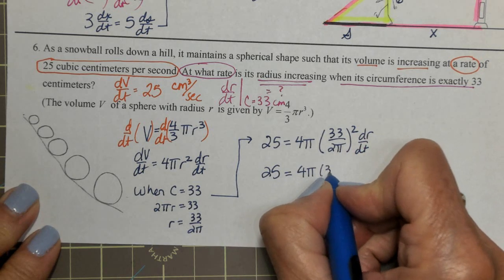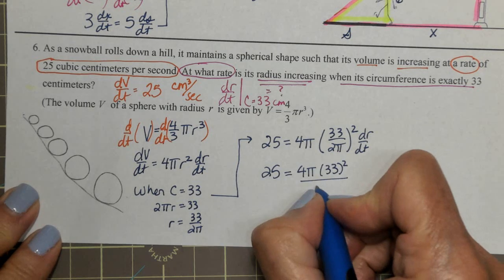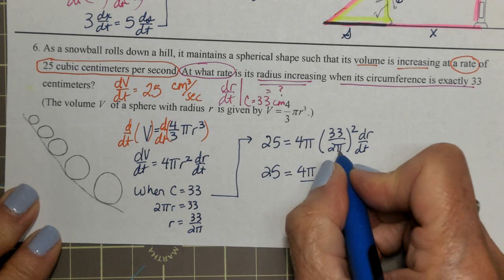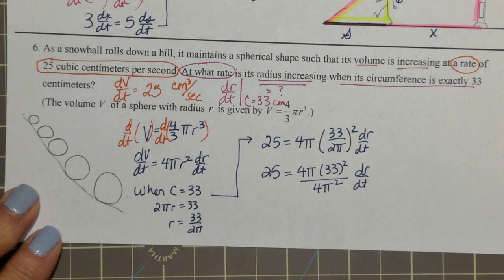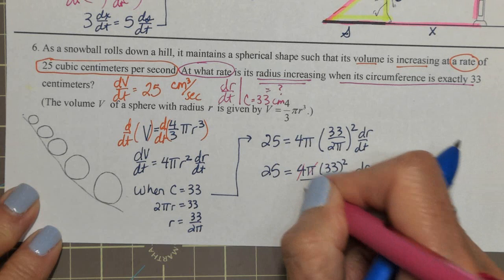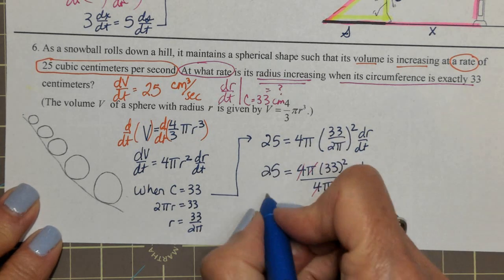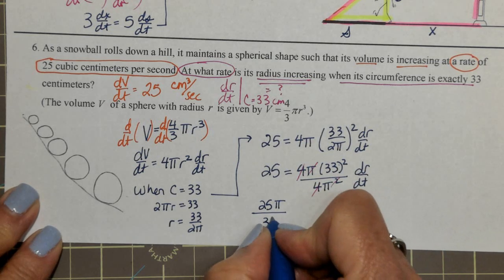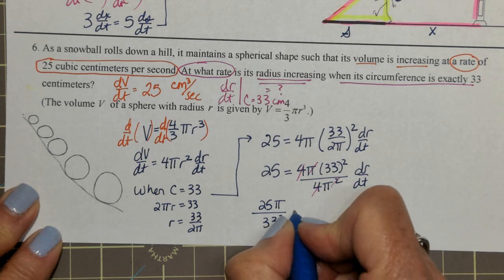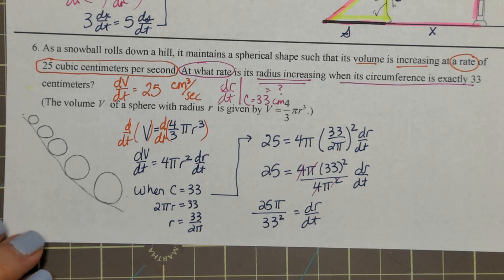We'll have 33 squared, I'm not going to square it, divided by 4 pi squared, right? The 4's are going to cancel each other out. One of these pi's reduces with that pi. This remaining pi I'm multiplying to the other side, and then I'm going to divide by the 33 squared. And I'm going to stop there.